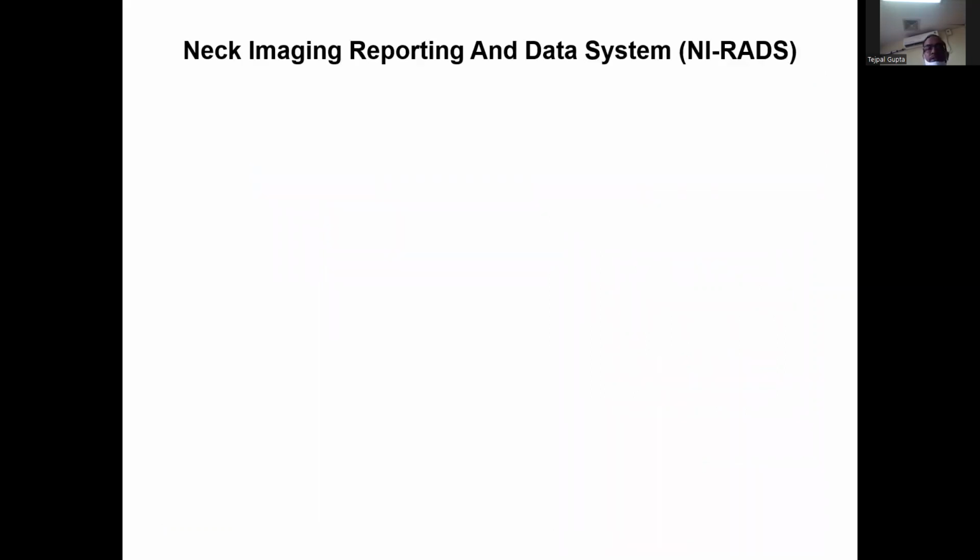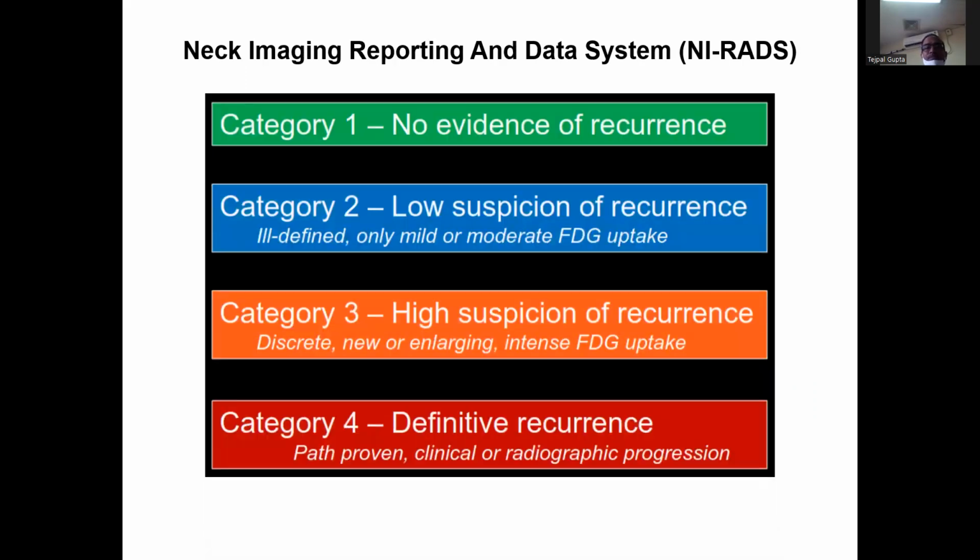The most recent system that has come up in the last few years is the Neck Imaging Reporting and Data System, the NI-RADS, which divides findings into 4 categories. Category 1 is no evidence of recurrence. Category 2 is low suspicion of recurrence. Category 3 is high suspicion of recurrence, and Category 4 is definitive or pathologically proven recurrence.